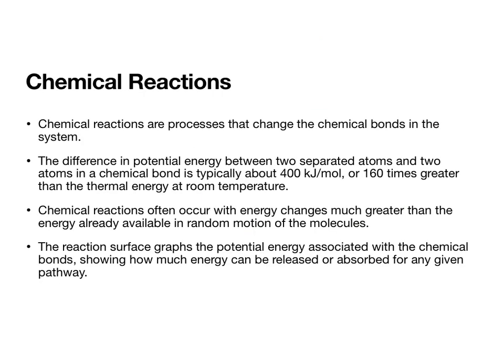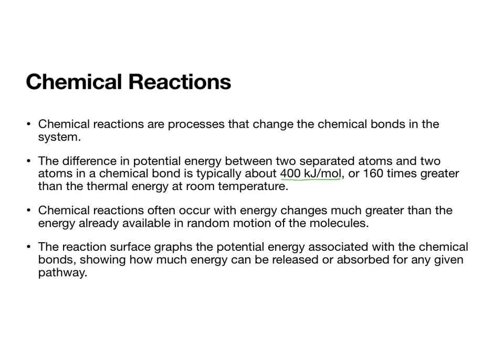Okay, so let's summarize. Chemical reactions are processes that change the chemical bonds in the system. The difference in potential energy between 2 separated atoms and 2 atoms in the chemical bond is typically around 400 kilojoules per mole.